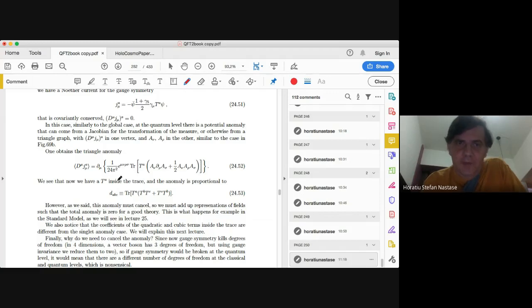We also observe that since I have this TA, and then these A's also come with T's, A nu means A nu B TB, and A sigma means A sigma C TC. So we see that the anomaly is proportional to this DABC, which is trace TA TB TC.